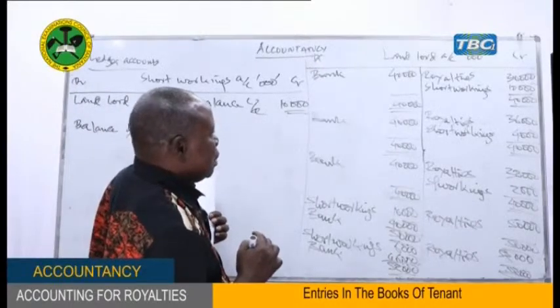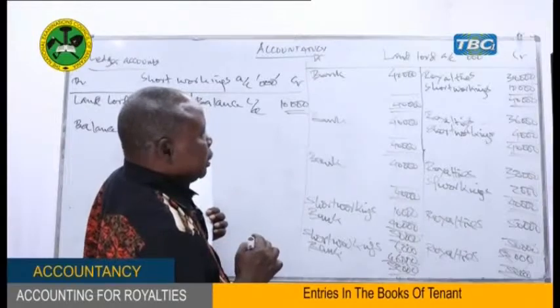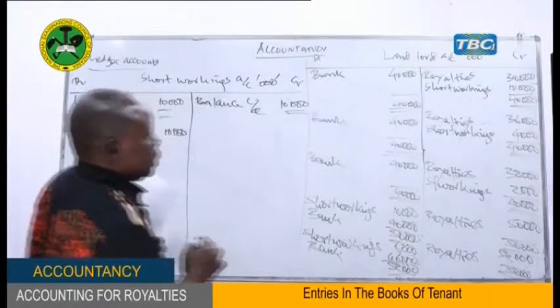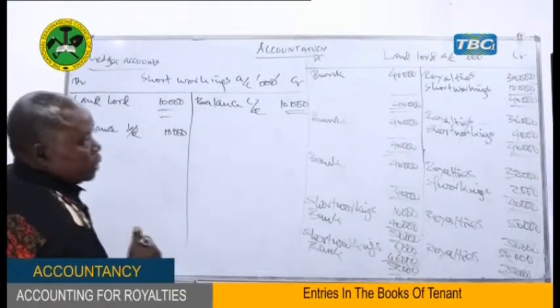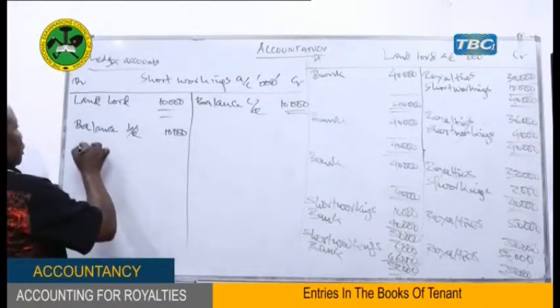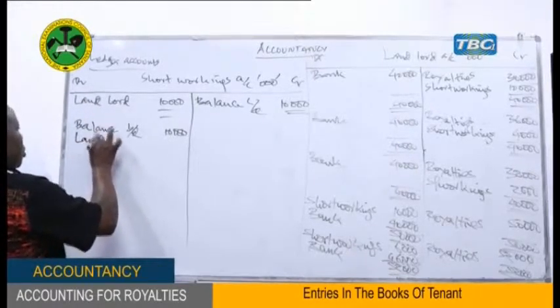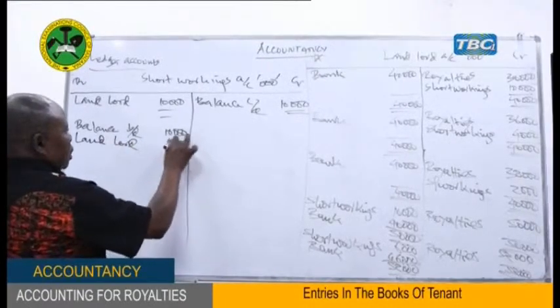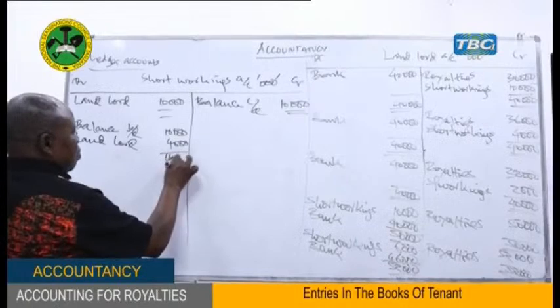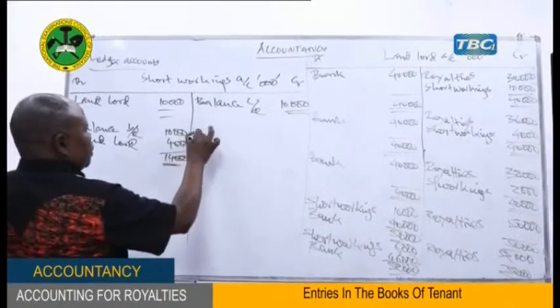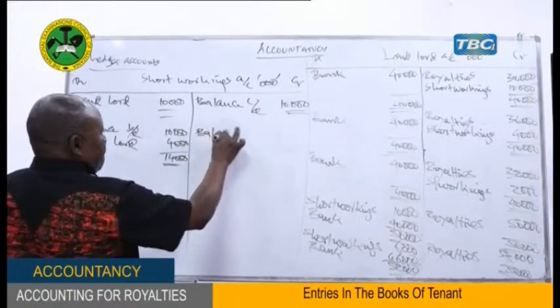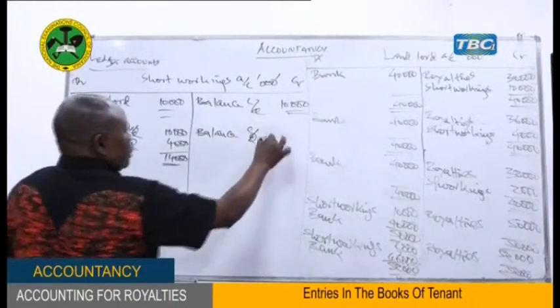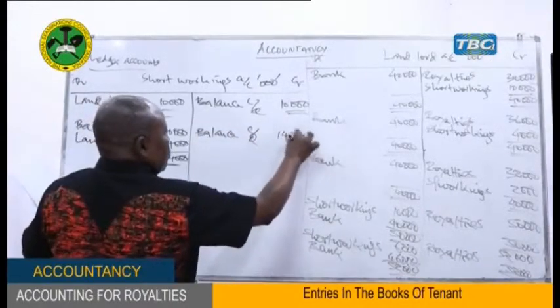That is 10. Then the short working for the year. Now it's 4,000. So landlord 4,000. That is 14. So balance carried down. It's 14,000.